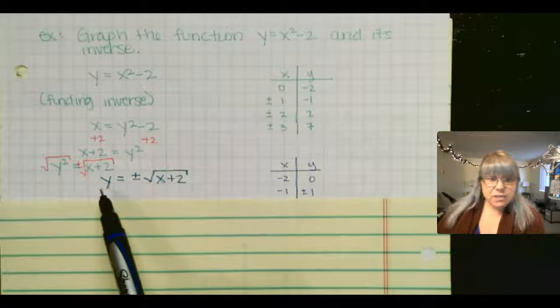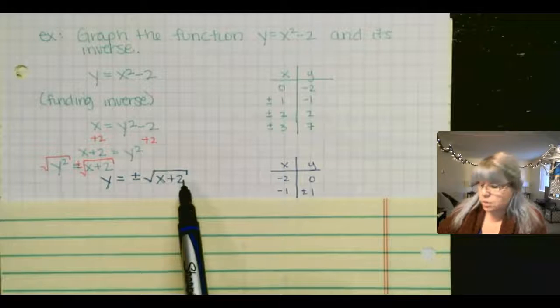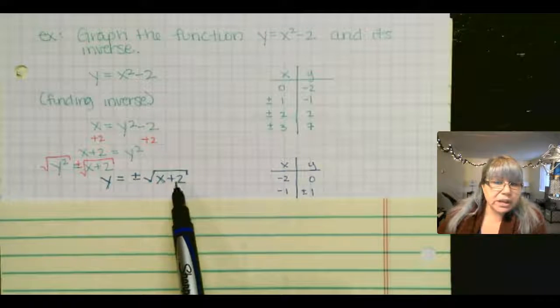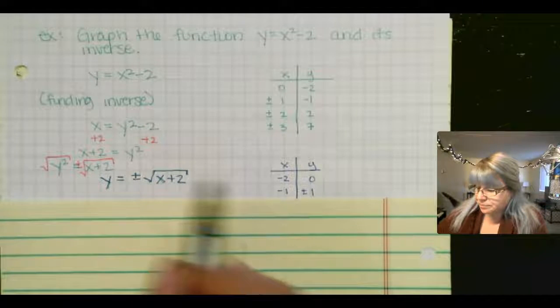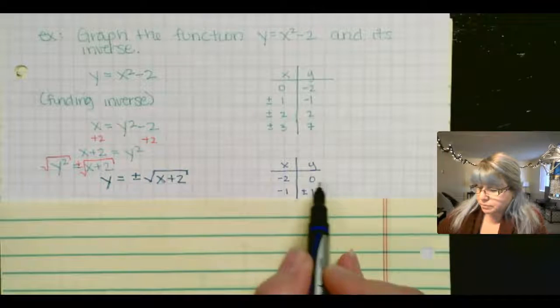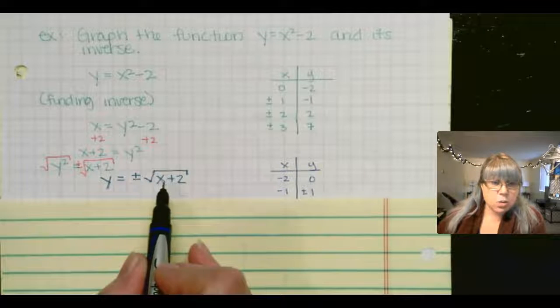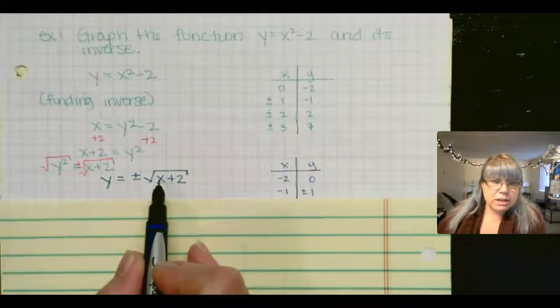For the inverse function, y equals plus or minus the square root of x plus 2, I want to be a little bit more careful about the values that I select. Let's plug in -2. -2 plus 2 is 0. The square root of 0 is 0. Let's try -1. -1 plus 2 is 1. Therefore, the square root of 1 is 1.